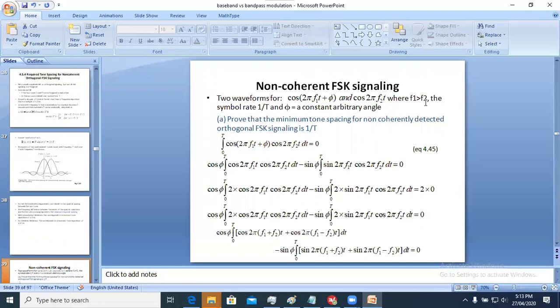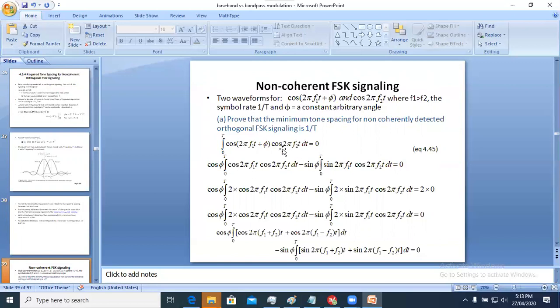So we are calculating the correlation between the two waveforms. For this we apply a trigonometric identity. We separate this component with cos of alpha plus beta as cos alpha cos beta minus sin alpha sin beta.